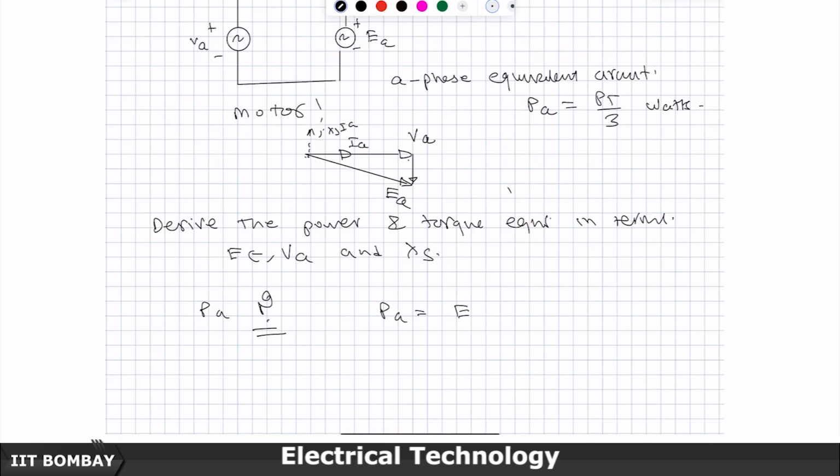It can be written as, what is E A I A star? It is the complex power. What is the real part of E A I A star?